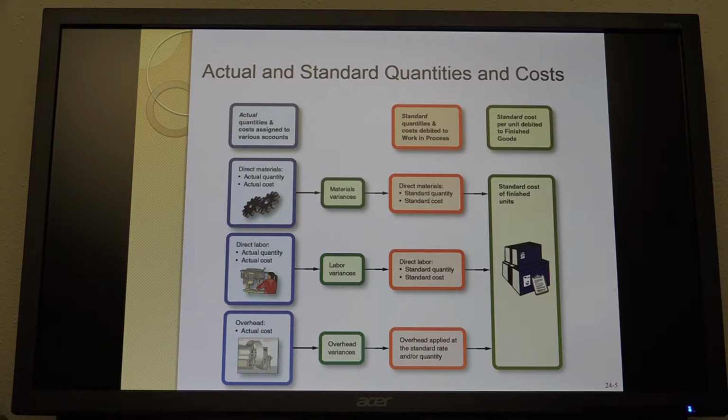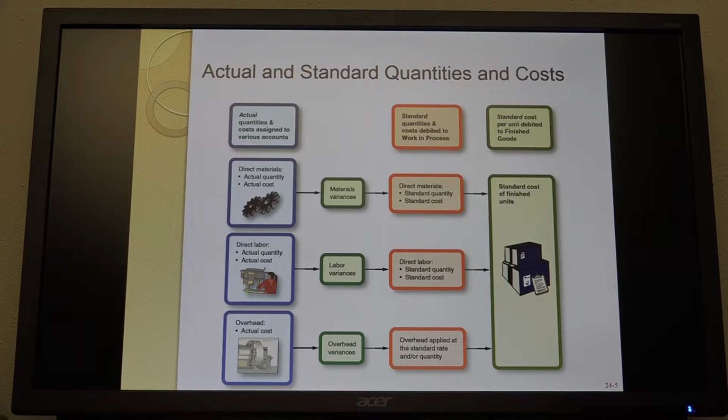The standard cost and standard quantities are determined by whatever you've decided is a standard quantity and standard cost under the circumstances. Pretty much the same thing goes for direct labor as well.